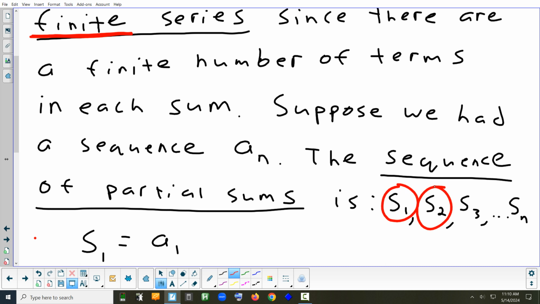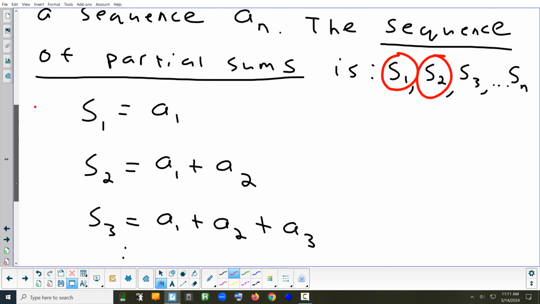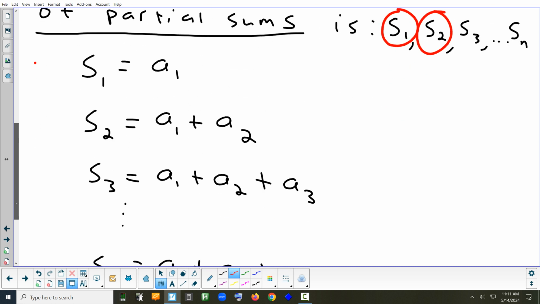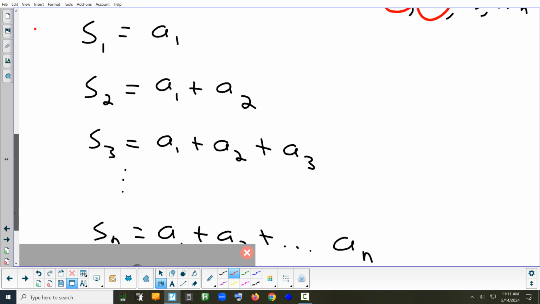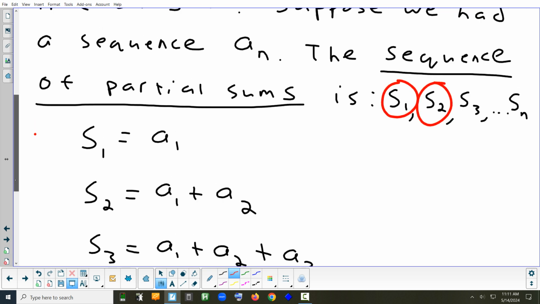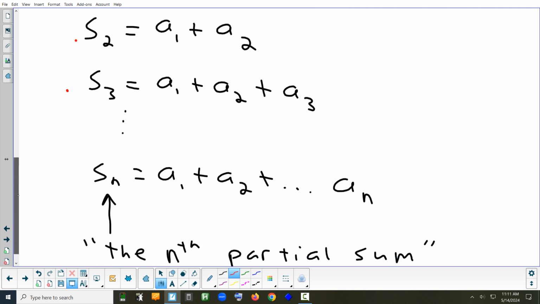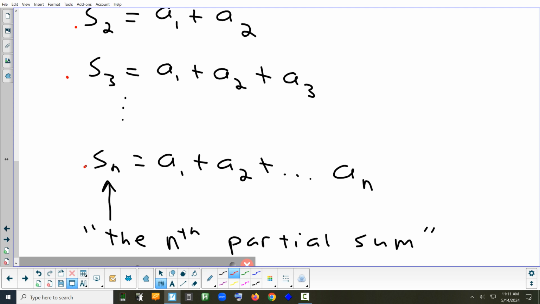Two terms would be A sub 1 plus A sub 2. It represents adding up the first two. S sub 3, you're adding up the first 3. S sub n, you're adding up the first n. So this is called the first partial sum, second partial sum, third partial sum. This is the nth partial sum.